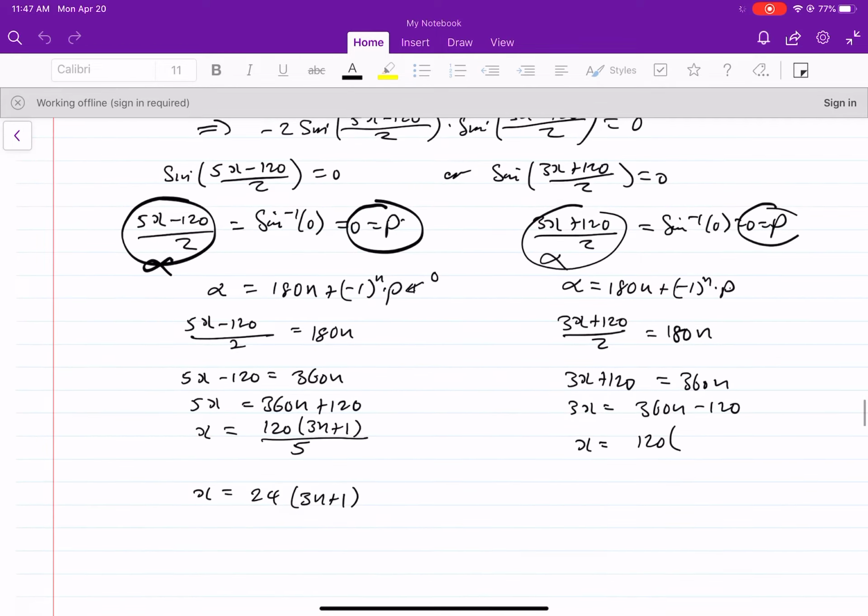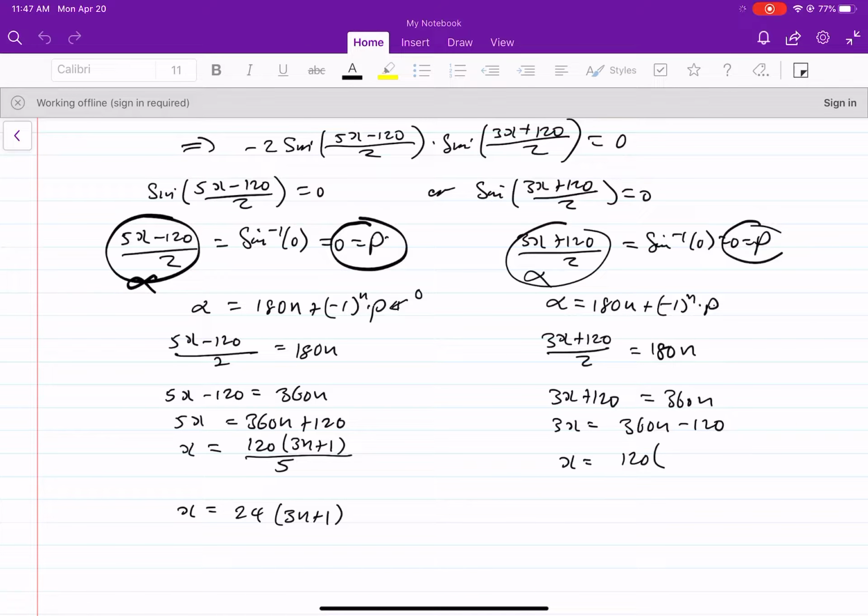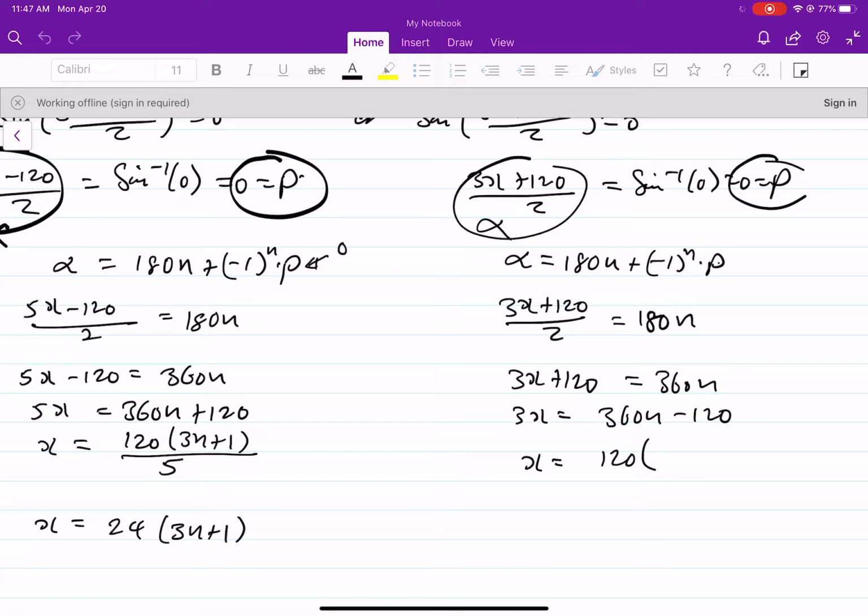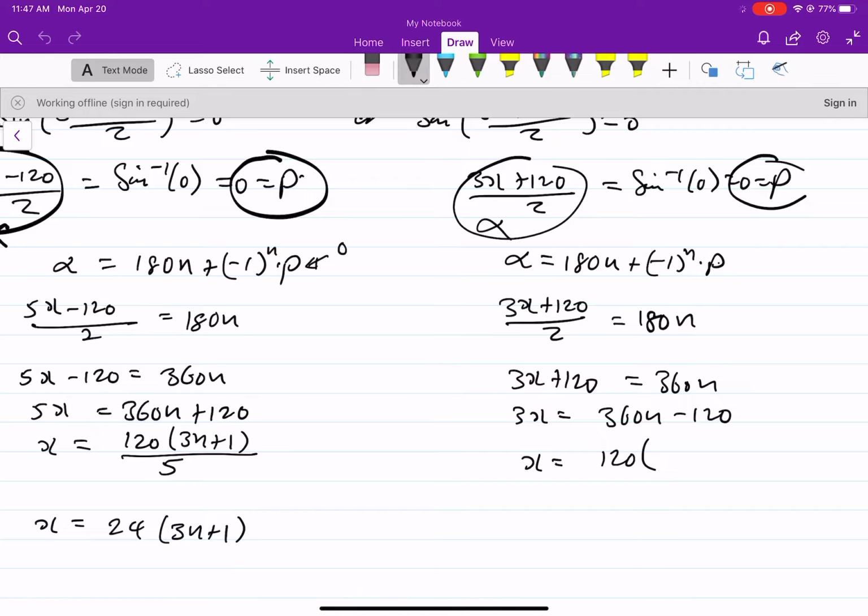No, let's see, what do we have here? I don't think I'm missing anything. Yes, from here, x would be 120 into 3n minus 1 upon 3, and that's 40. X is equal to 40 into 3n minus 1.